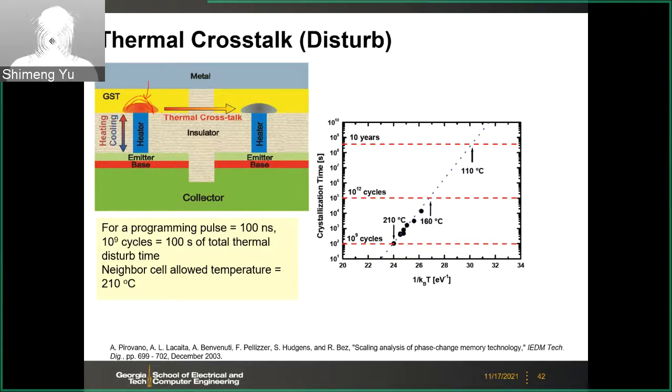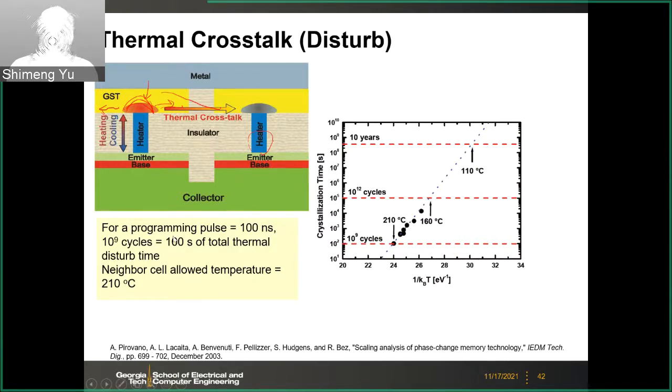This heat will dissipate to the surroundings. The temperature profile gradually spreads out. So the nearby cell will see that temperature. This cell will be under the disturb mode. Then with the temperature, you can partially program the cell, or the cell's resistance will be disturbed.